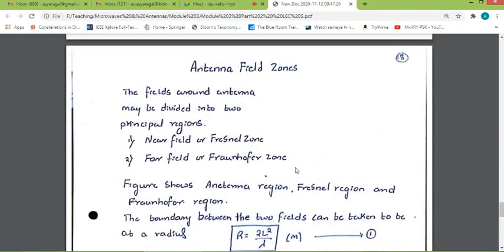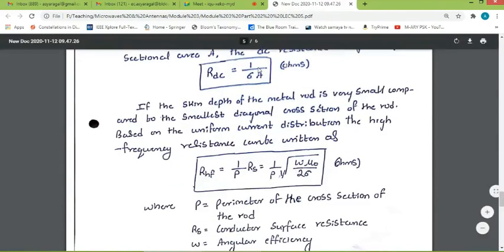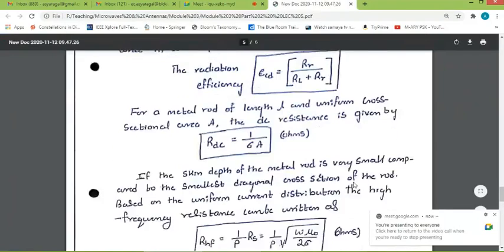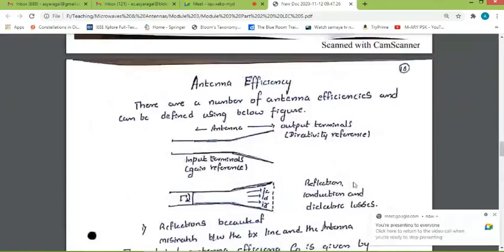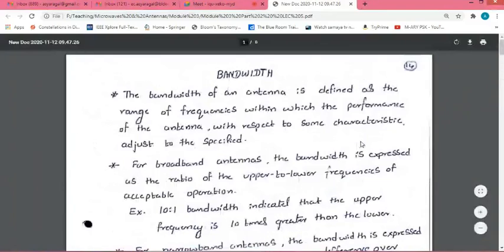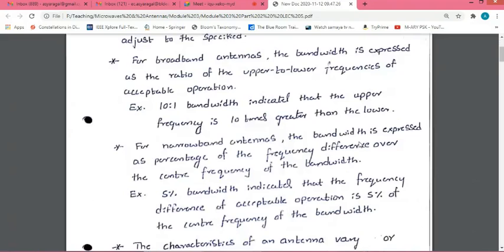So what have we learned today? Today we have learned certain parameters. First, bandwidth; I will make a quick revision of it. Bandwidth is the range of frequencies within which the performance of an antenna, with respect to certain characteristics, conforms to a specified standard. We have broadband antennas and narrowband antennas.